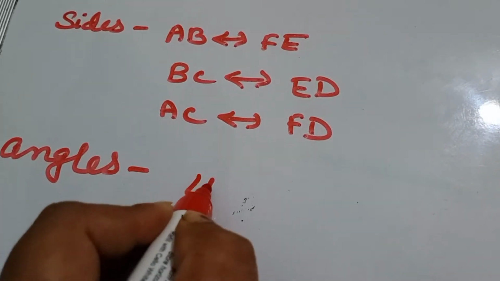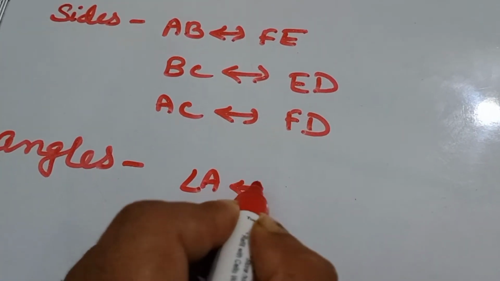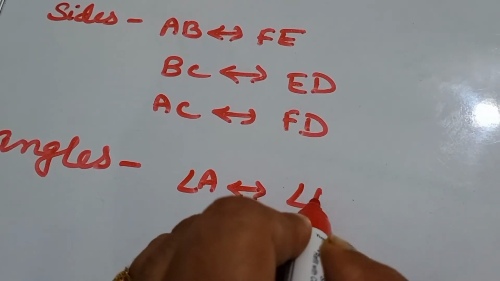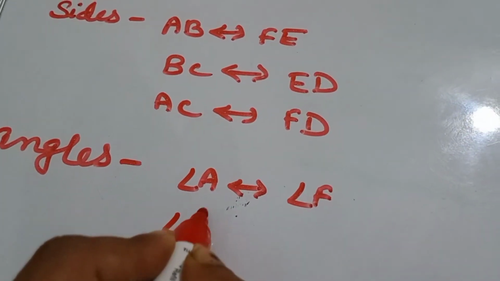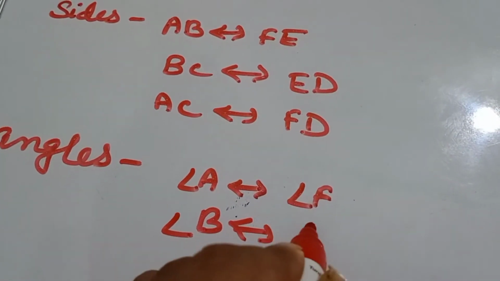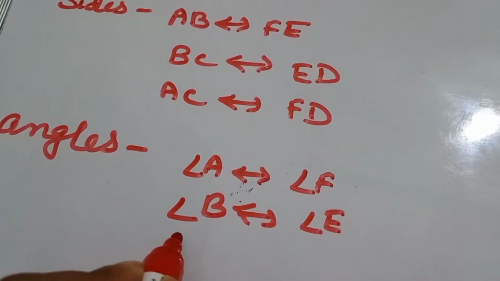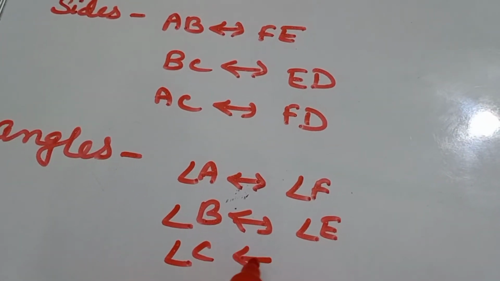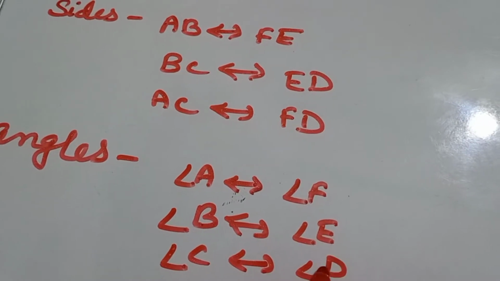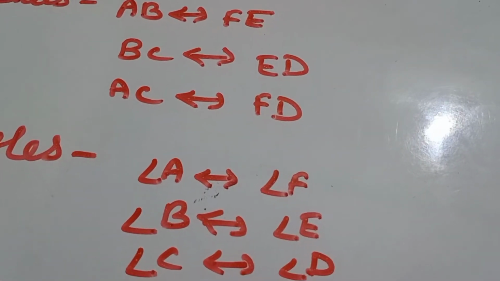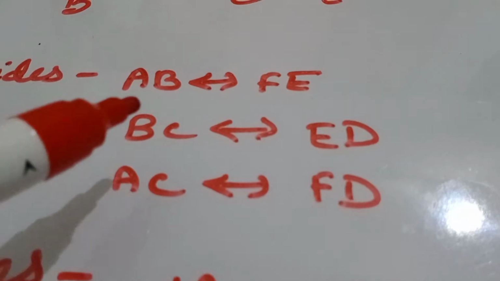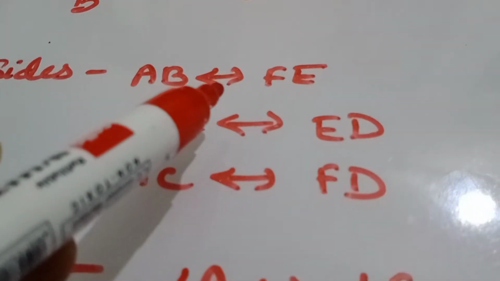So angle A, angle F, angle B, angle E, angle C is equal to angle D. Now you will think I have not written equal to over here.